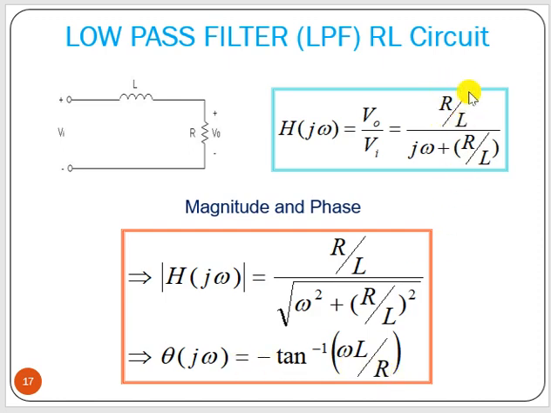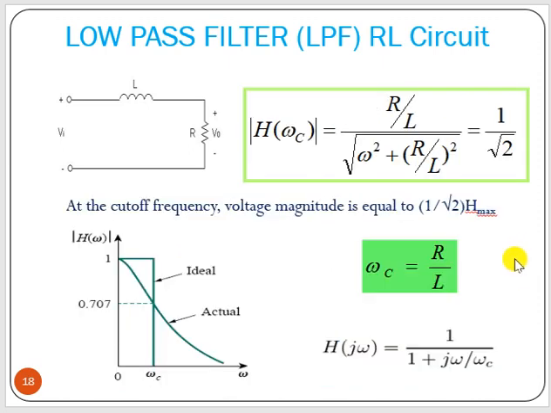Because here the numerator is a real number, so that angle is 0, and this part goes up, so minus tan inverse of this.